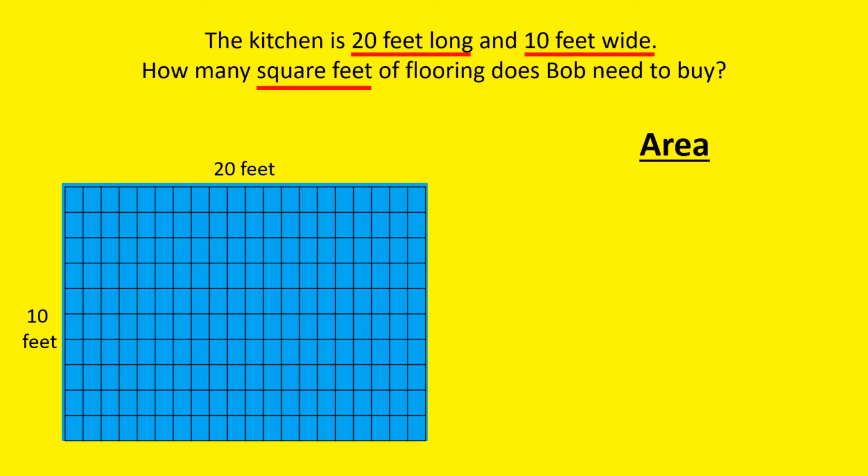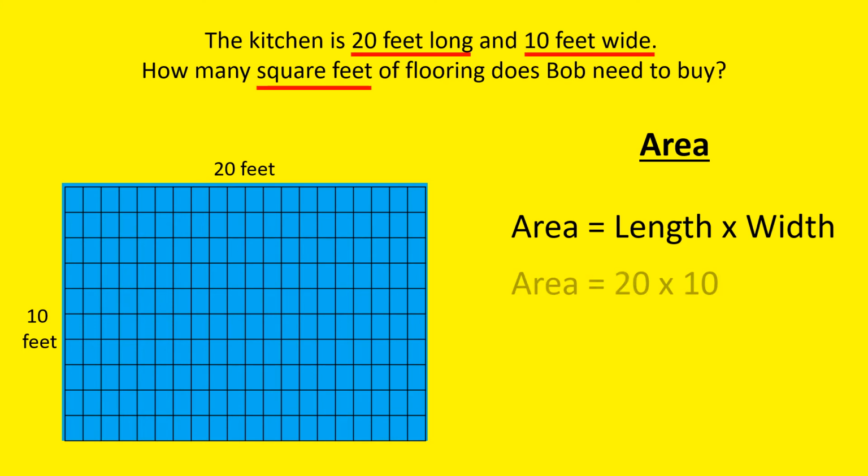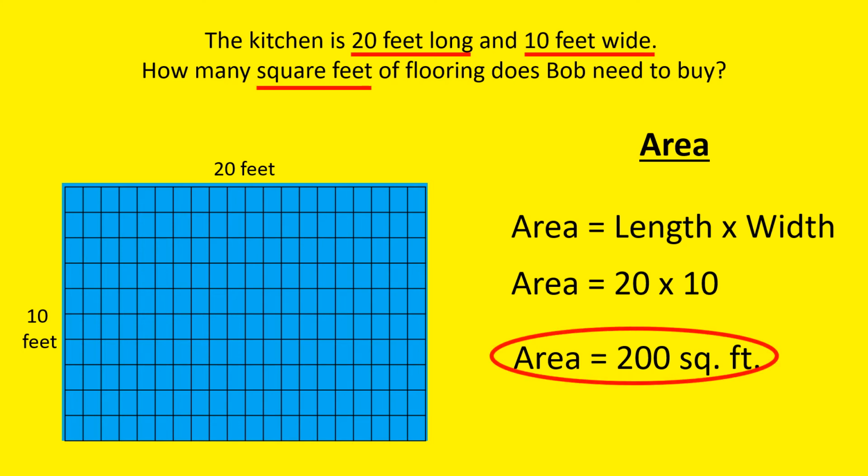This is an area problem. And to find the area of a rectangle, we're going to take length times the width. Well, what was the length? 20. And the width was 10. So we're going to multiply those two numbers together. This is mental math, stuff we did in class. 20 times 10 is going to give me 200 square feet. And we circle our final answer.